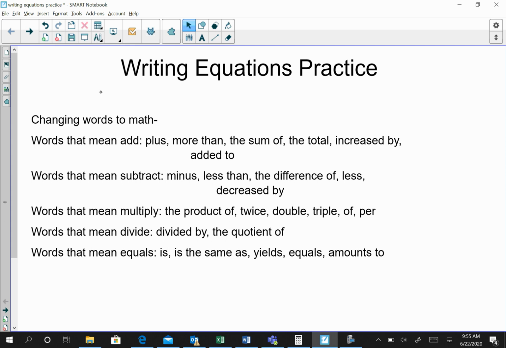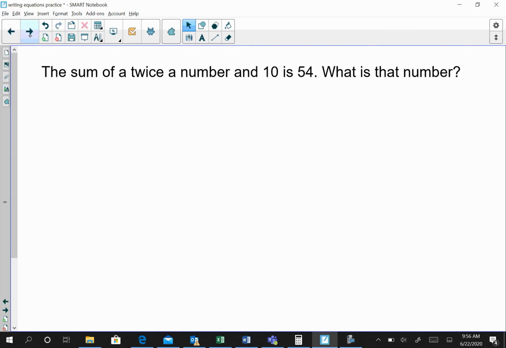So from here, I'm just going to do 9 examples and move forward. This first one: the sum of twice a number and 10 is 54. What is that number? So let's figure out the parts. The sum, that means add.